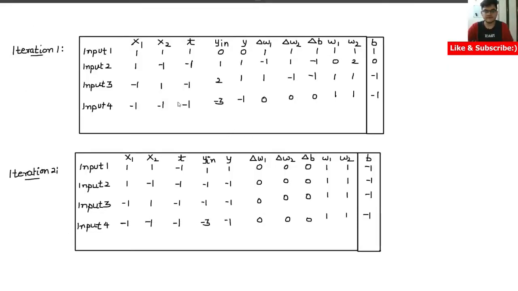Let's observe these two tables that I've created for iteration 1 and iteration 2. You can see we have 4 inputs in both iterations, and I've just noted the values that we have calculated: the value of x1, x2, the target, yn, and y from the activation function, the change in w1, w2 and bias, then the weights w1, w2 and the bias.